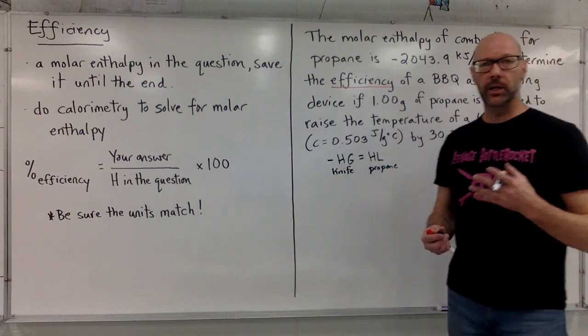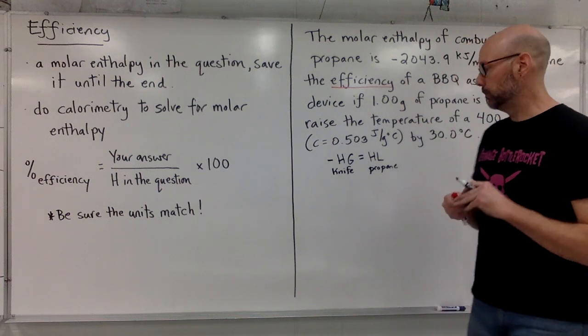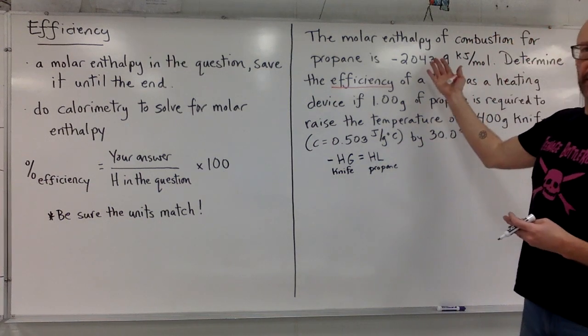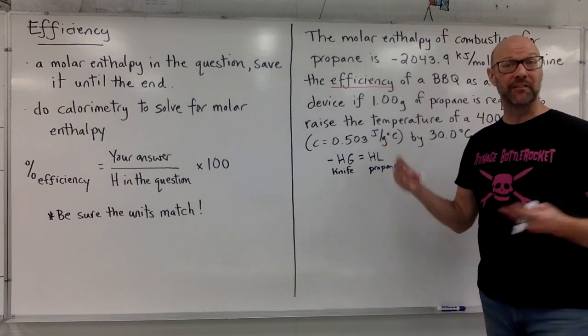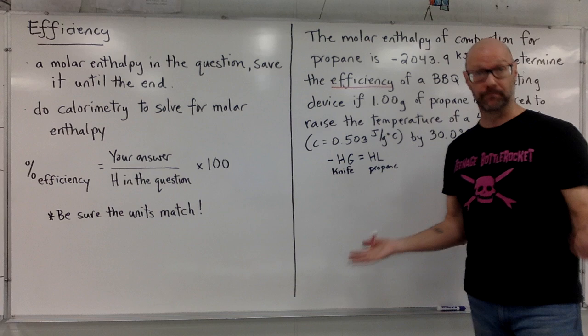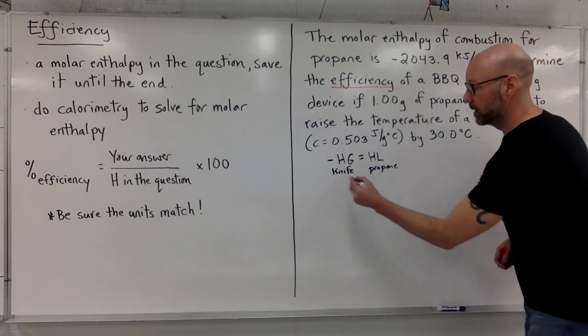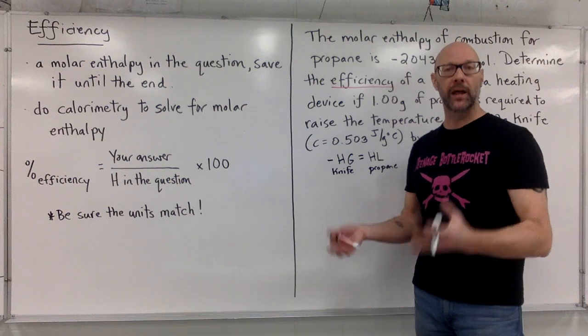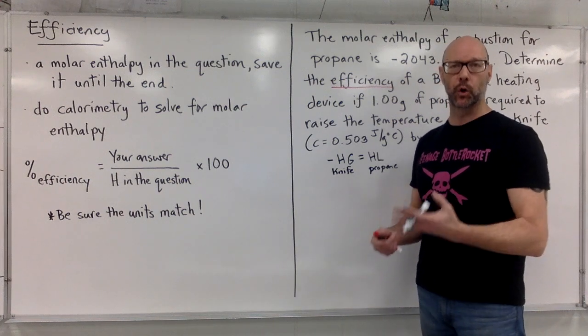Straight away, that lets me feel good. The propane is on the heat lost side, and this number that I'm going to use in the end is a negative value. It's energy being given off. This is also combustion. We're going to do calorimetry to solve for the molar enthalpy of combustion for the propane.